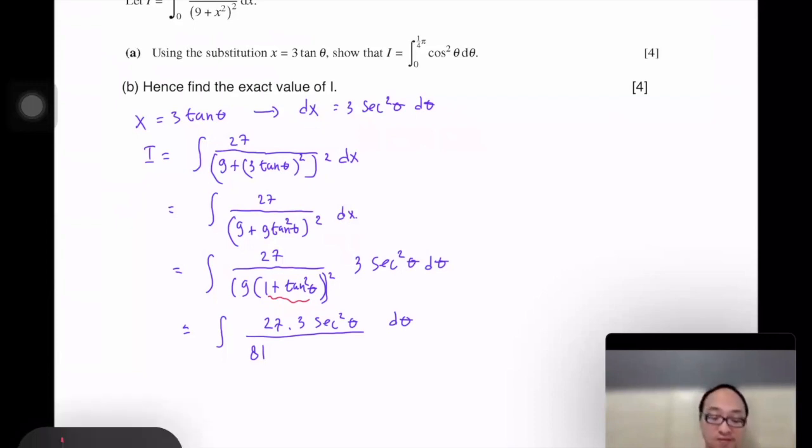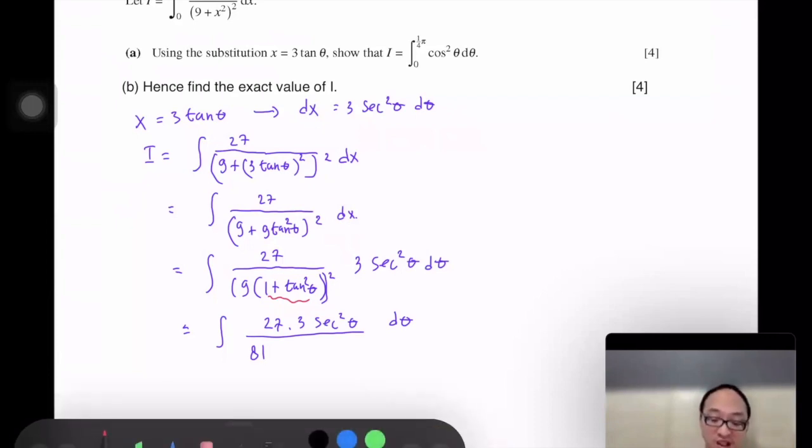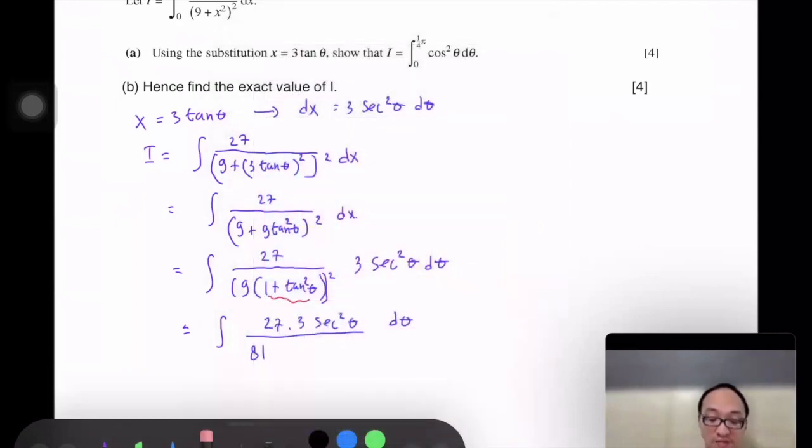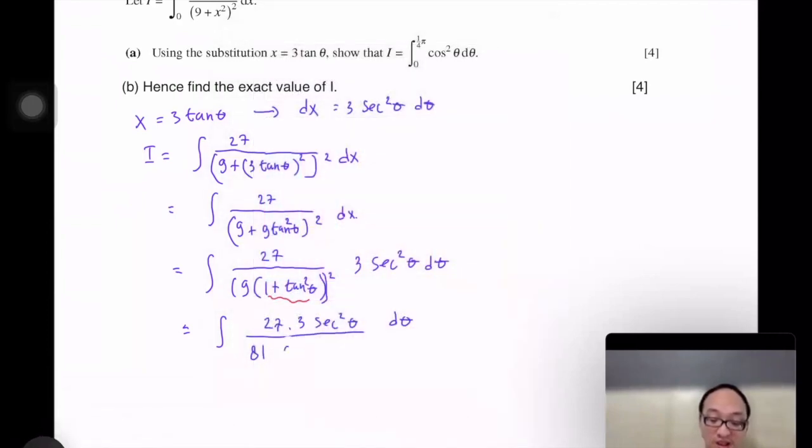Using the identity, it will become secant square theta squared. Yeah, change the 1 plus tangent square theta into secant square theta.